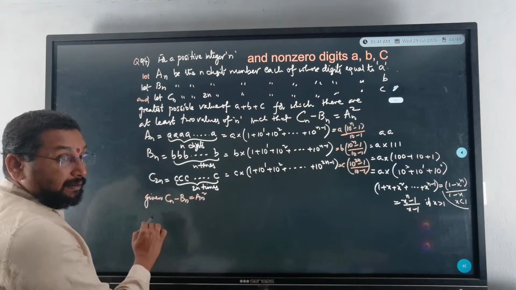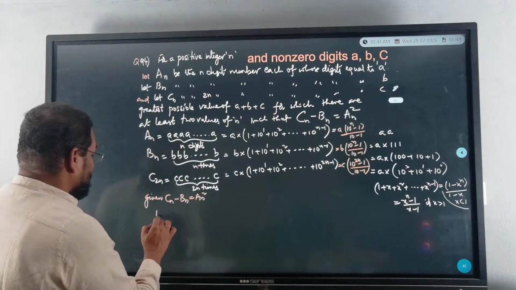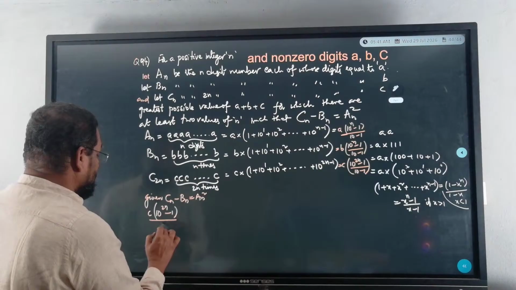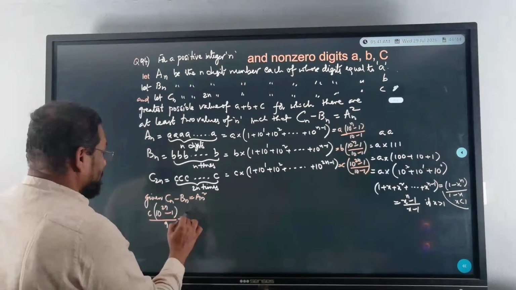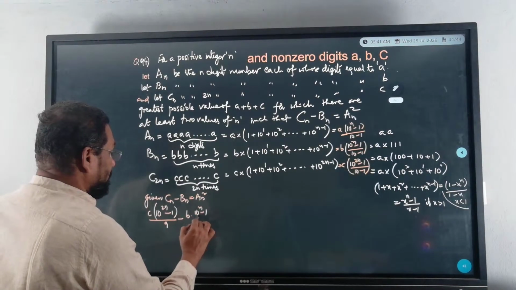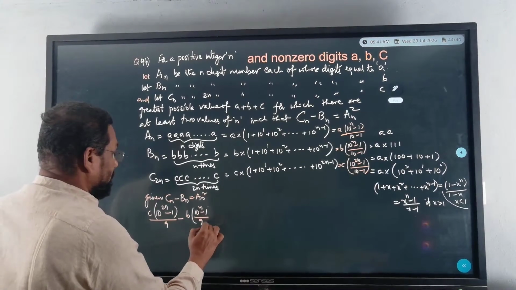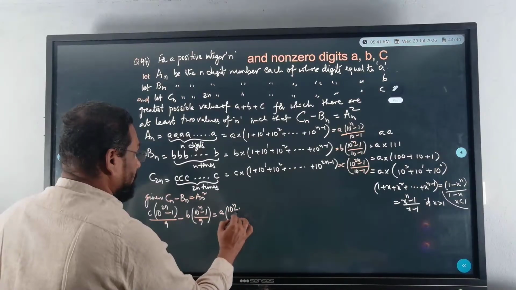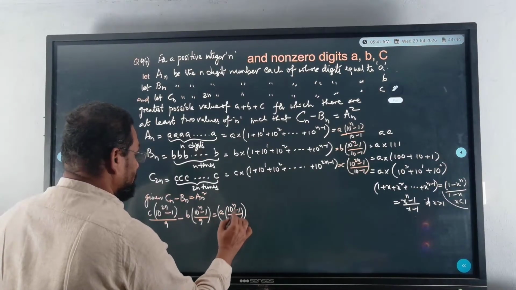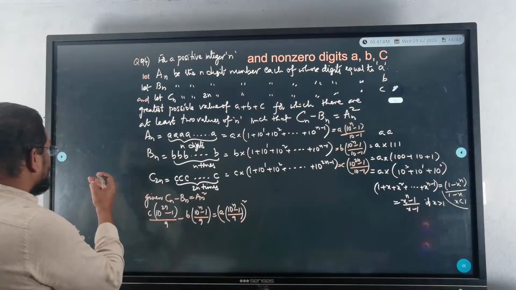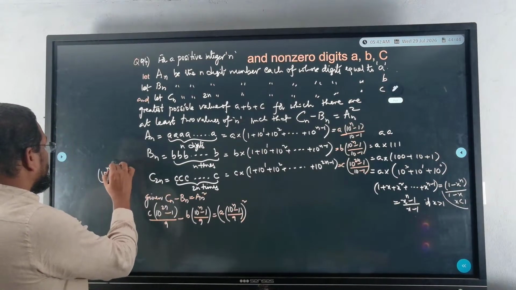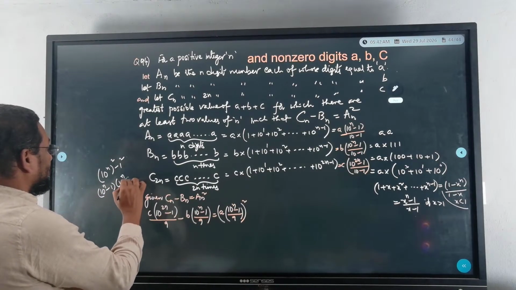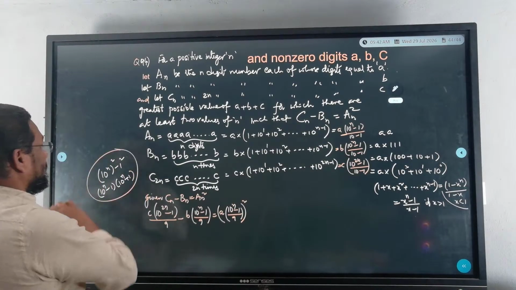What is cn? c into 10 power 2n minus 1 by 10 minus 1, minus b into 10 power n minus 1 by 10 minus 1, is equal to a into 10 power n minus 1 by 9 whole square. Here, 10 power n whole square minus 1 square is 10 power n minus 1 into 10 power n plus 1. This is a square minus b square.